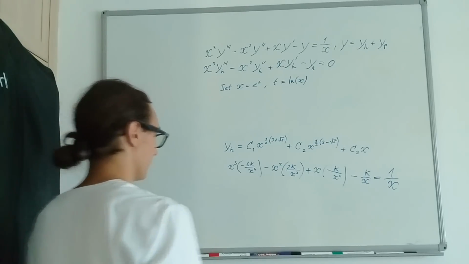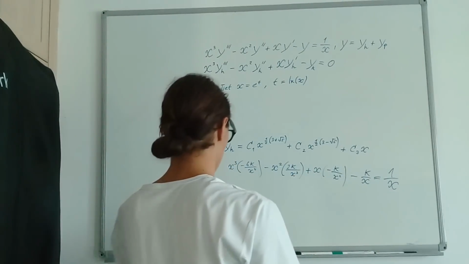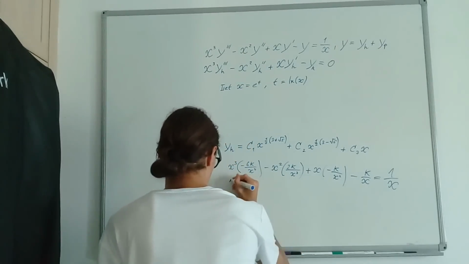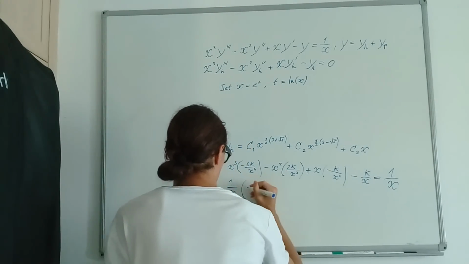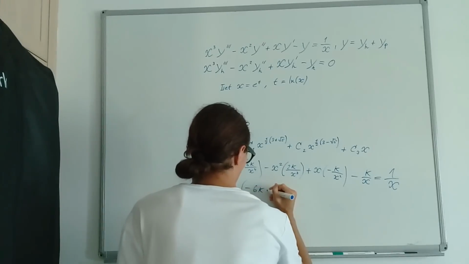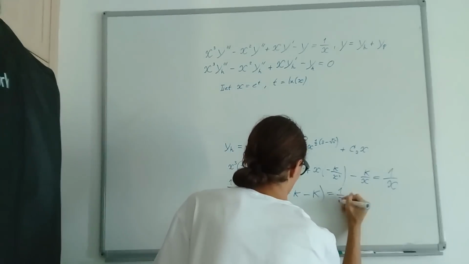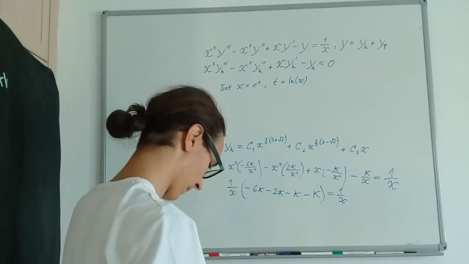Nice. Now we're just going to get 1 over x on each side, so we can just factor out 1 over x. Really simple. So minus 6k plus 2k minus k is equal to 1 over x. Look at that.